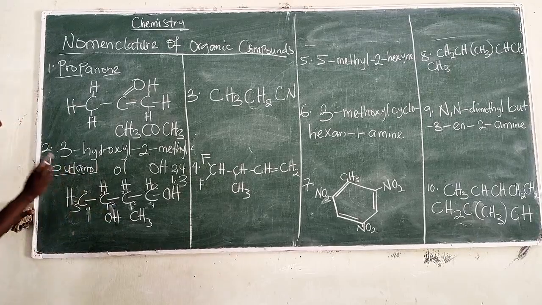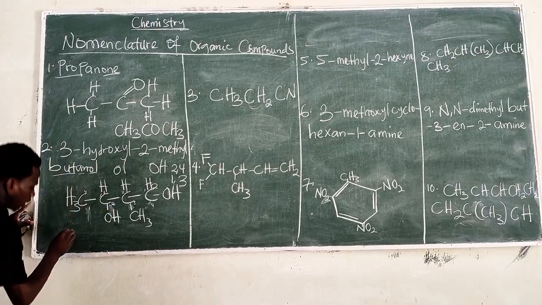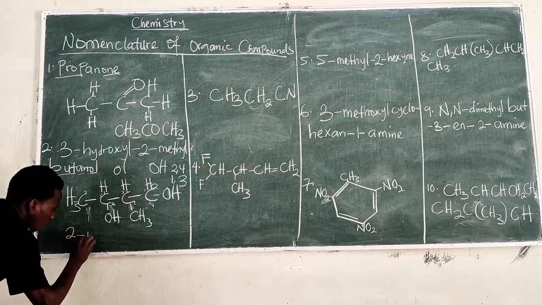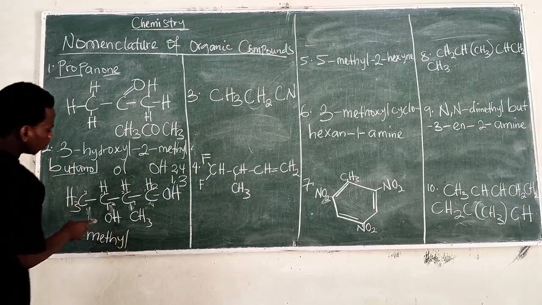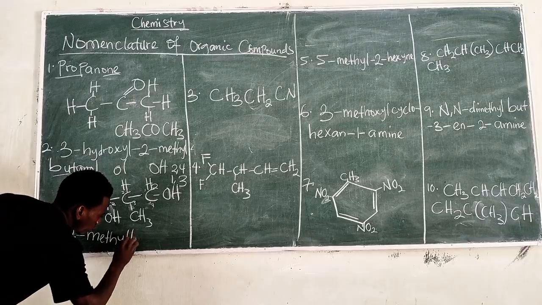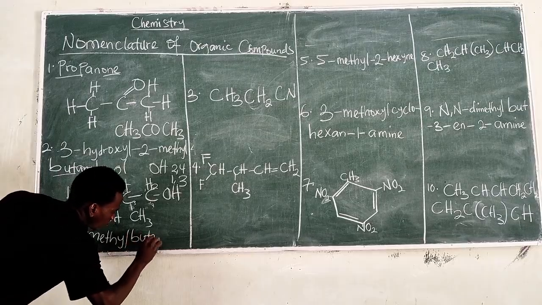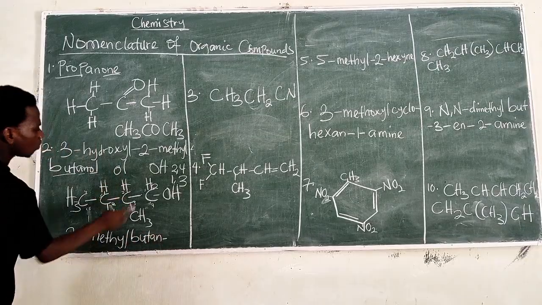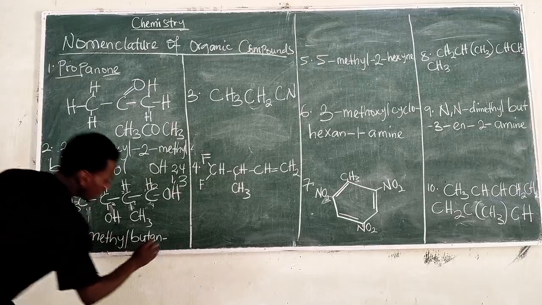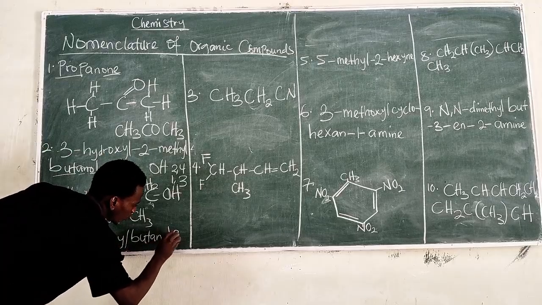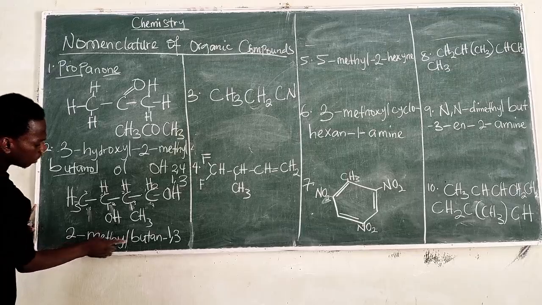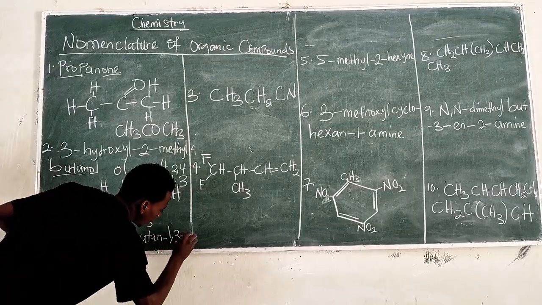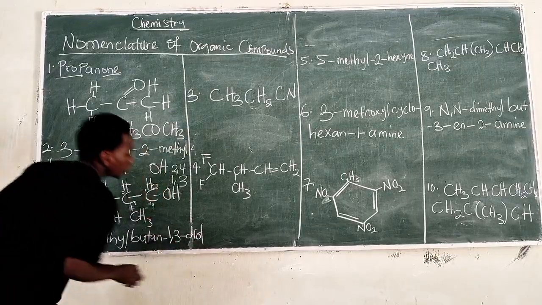So the IUPAC name of this compound is 2-methyl, and the 4 carbon atoms is but, so that's butane. On position 1 and position 3, we have our OH. So that's 2-methylbutane-1,3-diol.